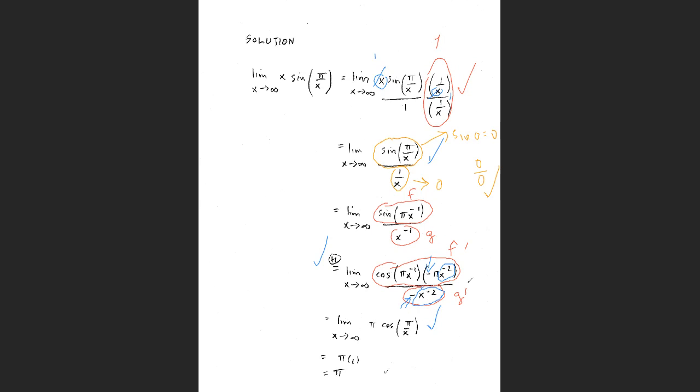Well, we know that the cosine of pi over x as x approaches infinity is going to approach cosine of 0, and that just equals 1. Let me make that a little nicer. I'm getting used to my stylus a little better.